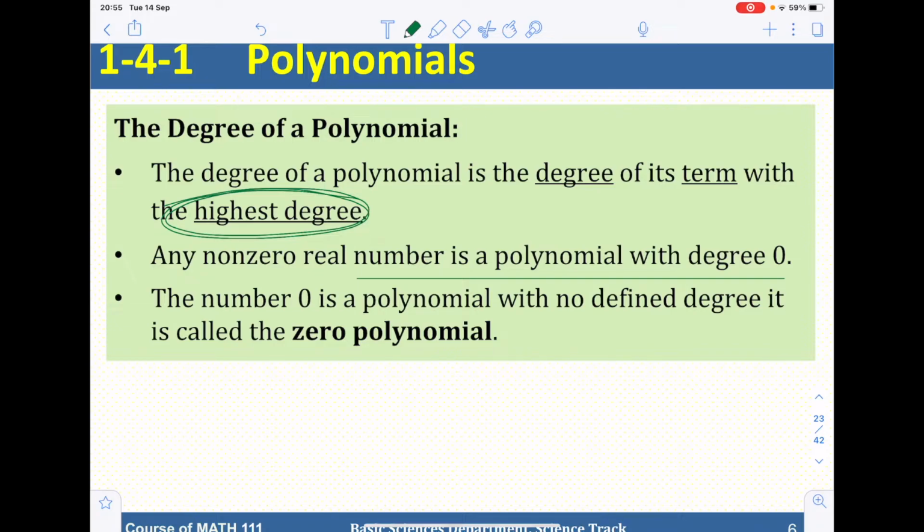That's why it does not appear: it equals 1, and we usually do not write the number times 1. The number 0 is a polynomial with no defined degree. If I have 0, there is nothing to multiply it with, so its degree is undefined, and we call that the zero polynomial.